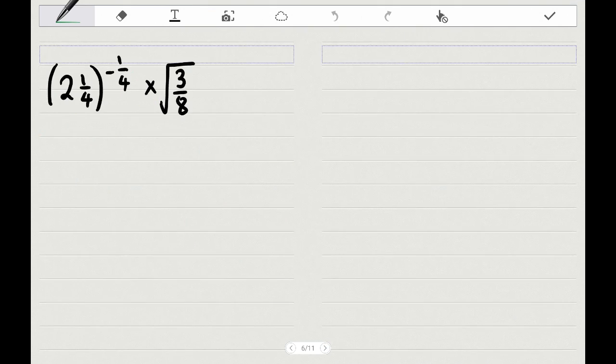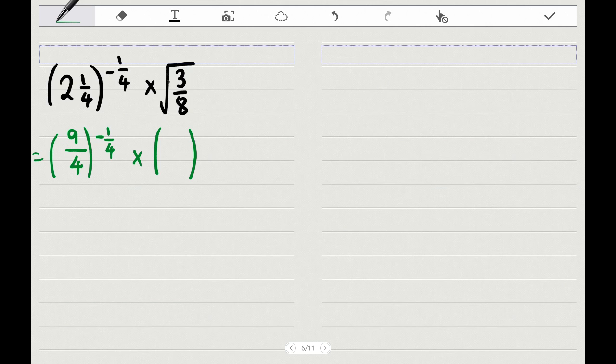Another one. Okay, so here we have a mixed fraction. So first we're going to convert it to an improper fraction. So over 4 times 2 plus 1, so that's 9 over 4, to the power of minus a quarter, times. Now I'm going to do something that you don't have to do, but it's optional.